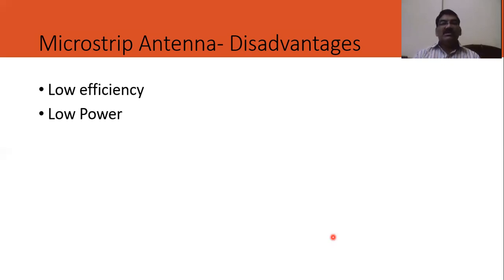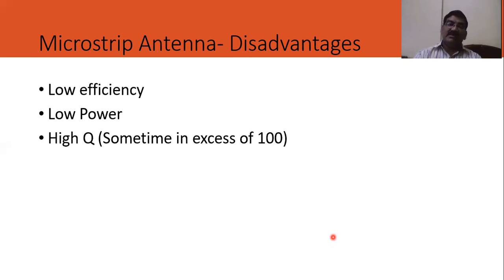When you are to transmit a signal to a geostationary satellite, the signal should travel 36,000 kilometers, and to travel that distance you need proper power. So the microstrip antenna cannot be used there, as it has low power handling capacity.